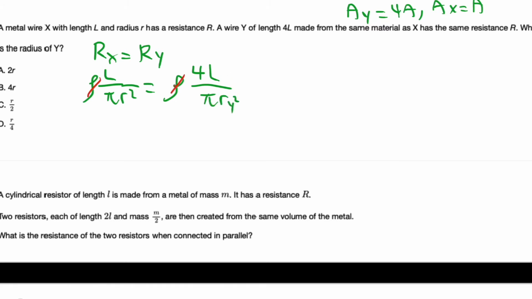So this cancels out on both sides. So 1 over R squared. Pi also cancels out. So 1 over R squared is going to be equal to 4 over R_Y squared, which means R_Y is going to be equal to 2R. So the answer will be B.